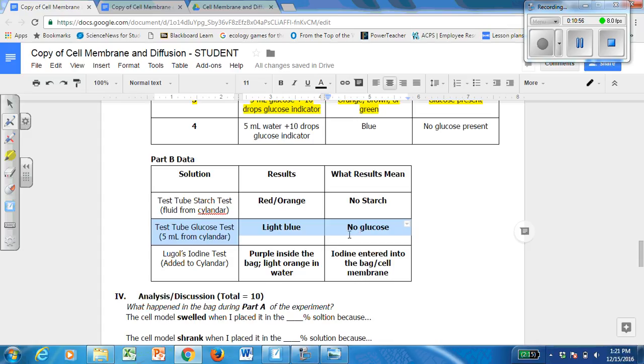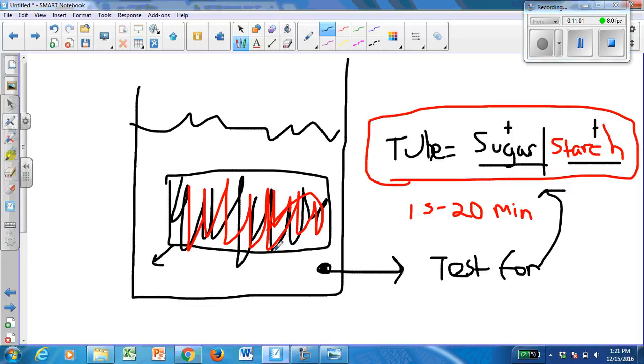It didn't diffuse through. The last test we did was an iodine test. So not only did we see if sugar and starch could get out of the bag, we also put some iodine in the water. And we wanted to know if iodine could diffuse through the bag and make it black.